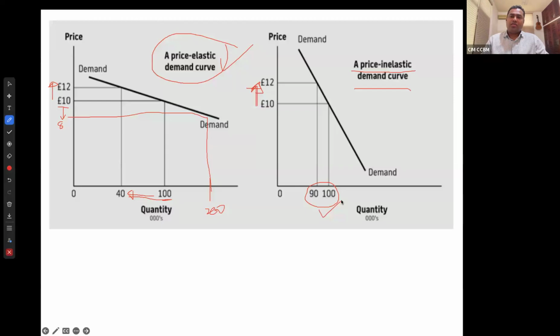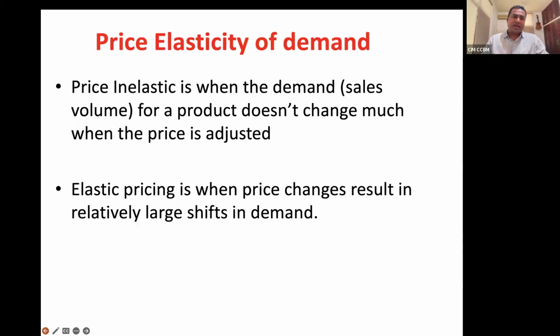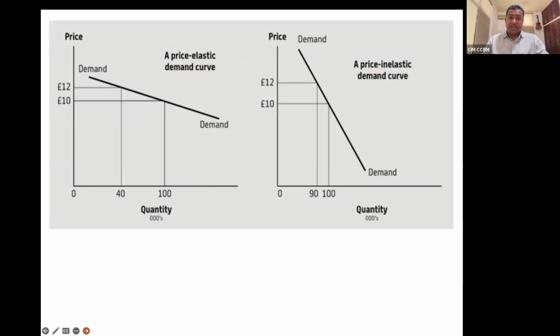That's called price inelastic demand curve. I hope it's clear, right? So you need to study what is price elastic and price inelasticity.